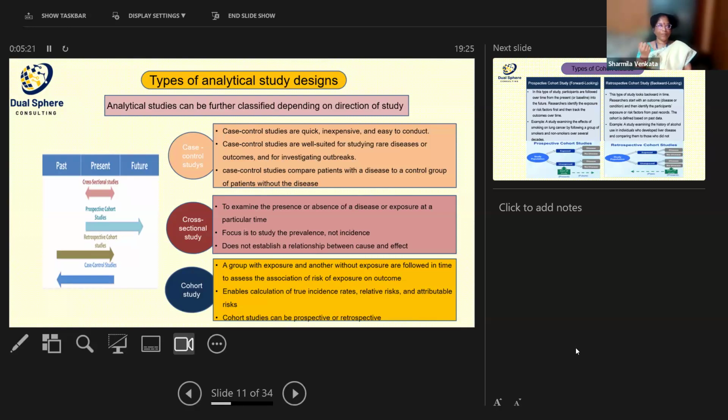We can find from this. But what are the cons? Time consuming and expensive. So, together, these all give us a toolkit to study exposures and outcomes when experiments are not feasible.